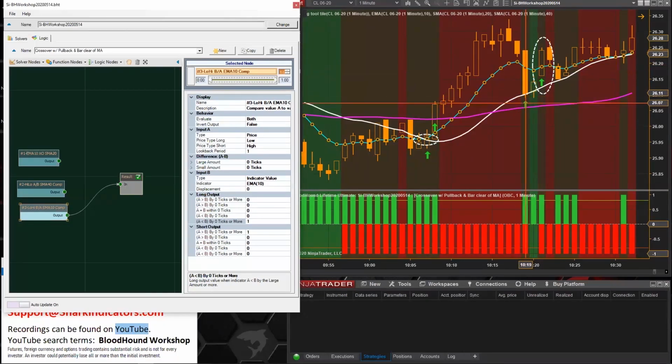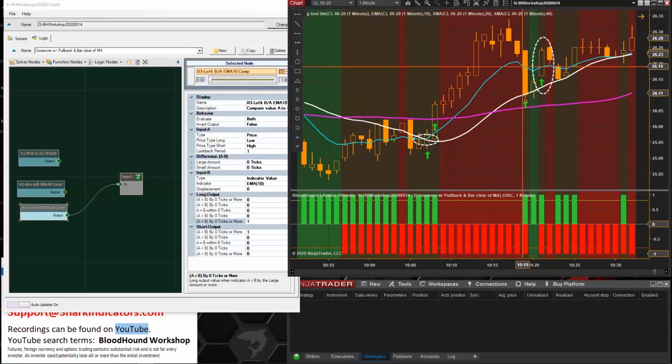So we know that this first bar is a touch. This second bar was actually completely below it, so it's not touching the moving average, but that's okay because the first bar that breaks below the moving average will be the touching bar. And so we don't have to worry about the bars afterwards.